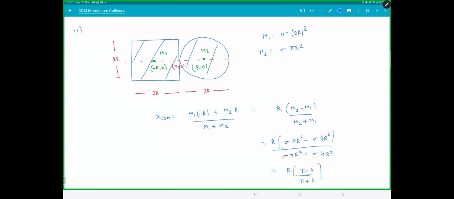If you look at here, pi is less than 4, so the numerator is negative. Pi is 3.14 minus 4, right? This is actually a negative number.